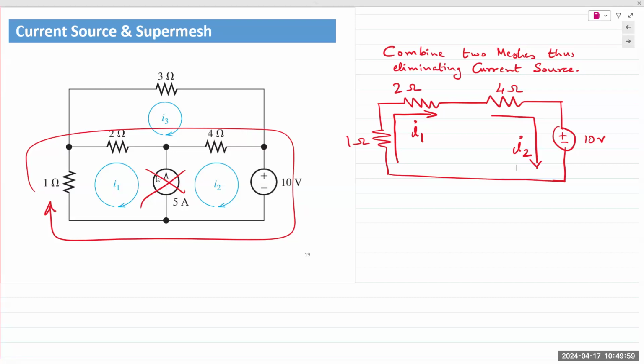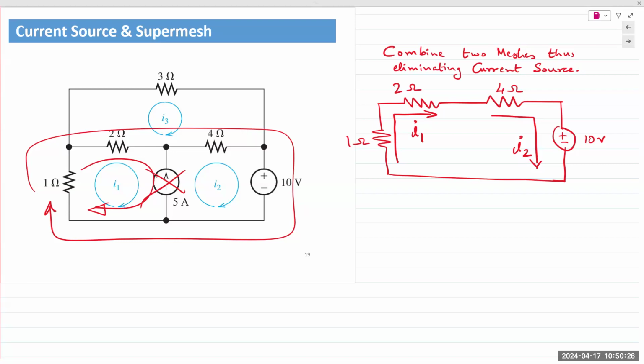If you're applying KVL to that first mesh only, then we can write Vx is equal to something, and then we apply KVL to the second mesh and write Vx is again equal to something, and then equate both equations, thereby eliminating Vx. So super mesh is a shortcut.